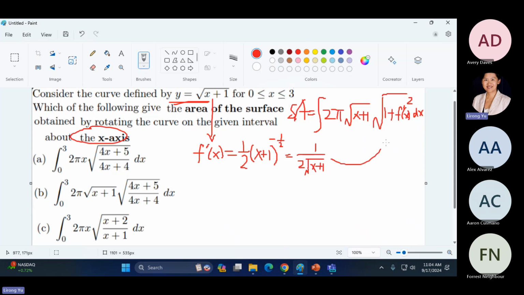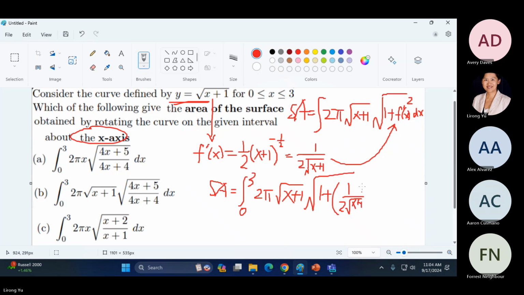So let's take that in there. The calculation is SA equals the integral from 0 to 3 of 2 pi root of x plus 1. That was 2 pi r. And then this is the root of 1 plus 1 over 2 root of x plus 1, squared, and then dx. We could simplify this.